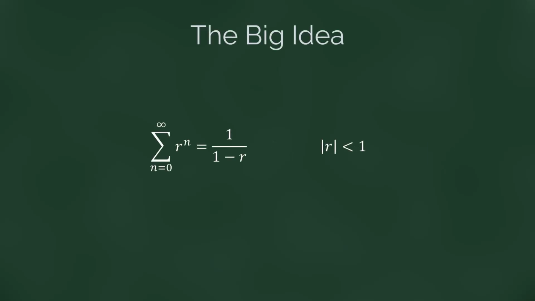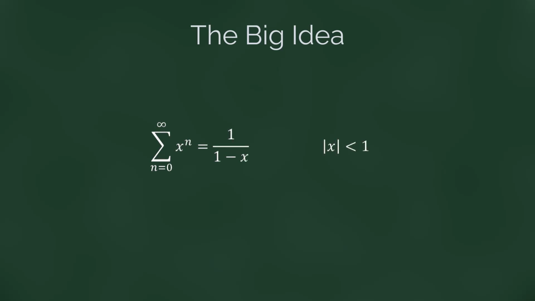Recall that for a geometric series, the sum from n equals 0 to infinity of r to the n, we know that that series is exactly equal to 1 over 1 minus r when the absolute value of r is less than 1. So what that means is that we can replace r by the variable x.